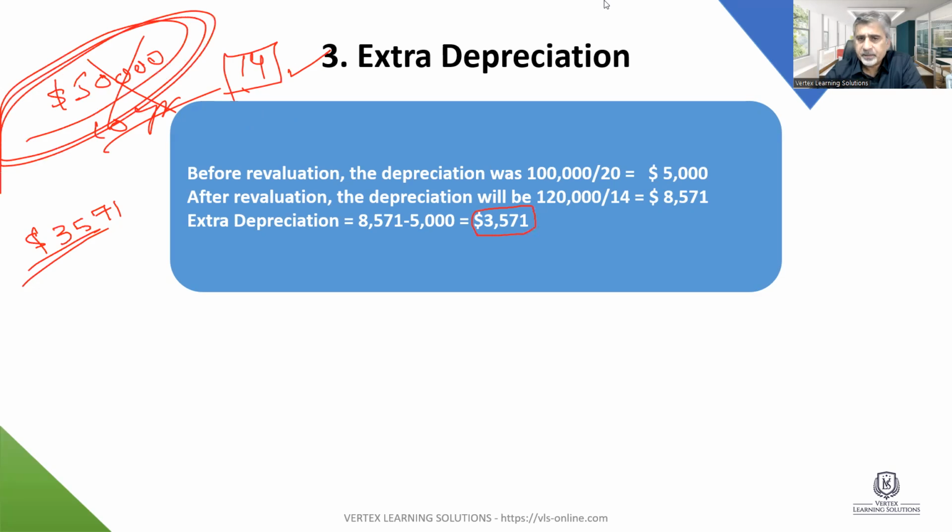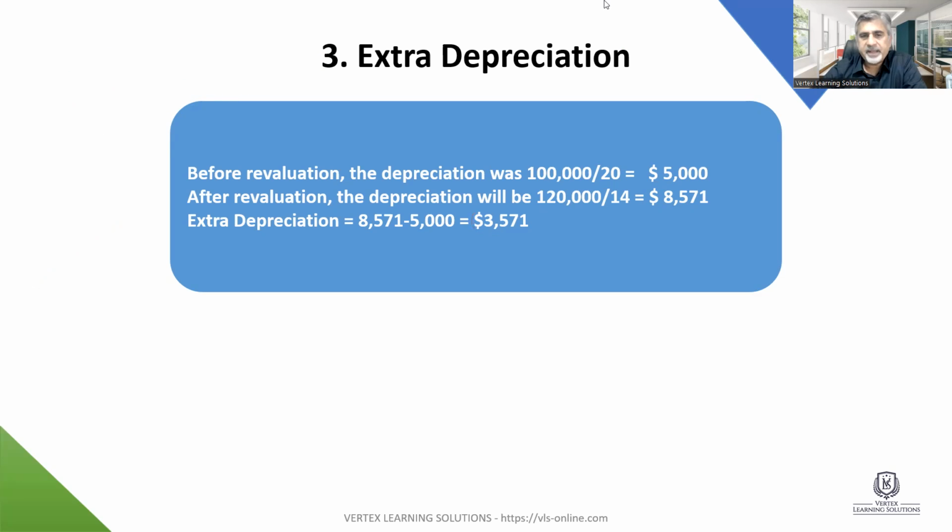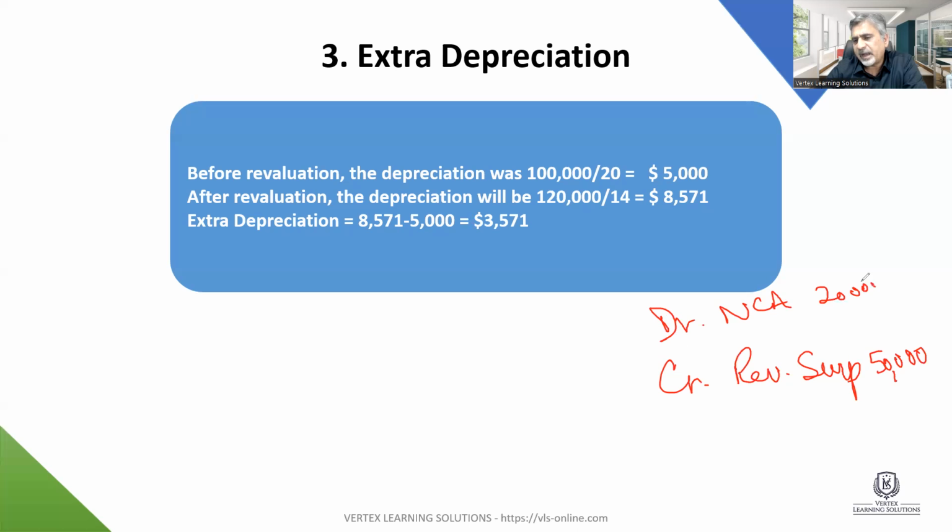I say, okay, what we can do here, this 50,000, we set credit revaluation surplus. If you remember, we made a double entry: credit revaluation surplus 50,000, and we said debit non-current asset 20,000. And if you remember, we said debit accumulated depreciation 20,000.